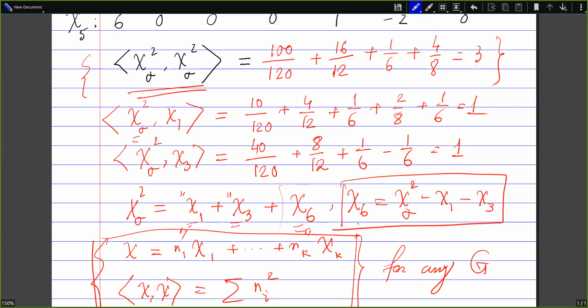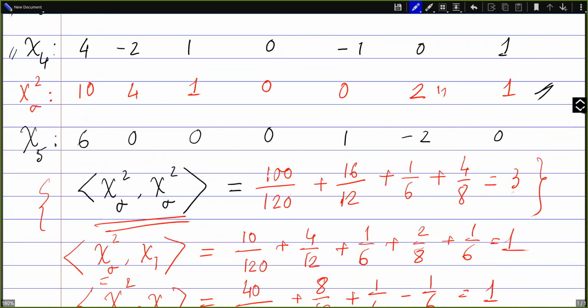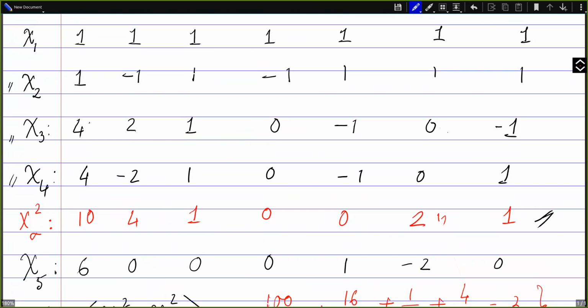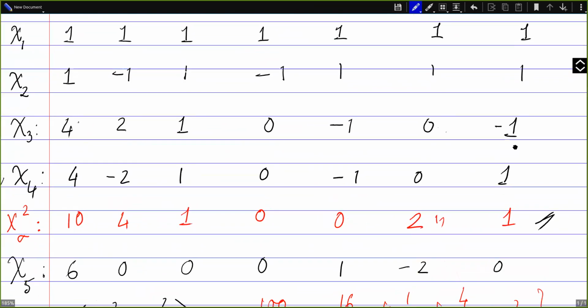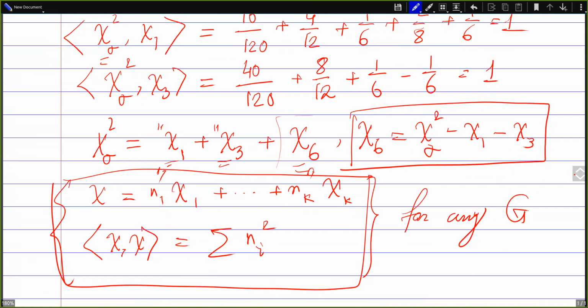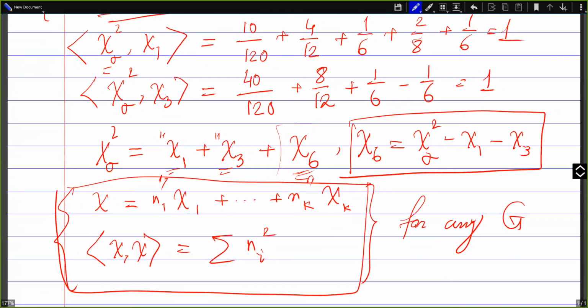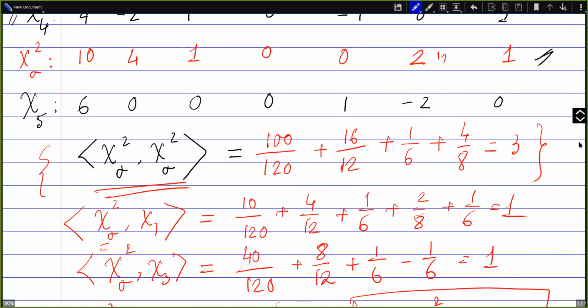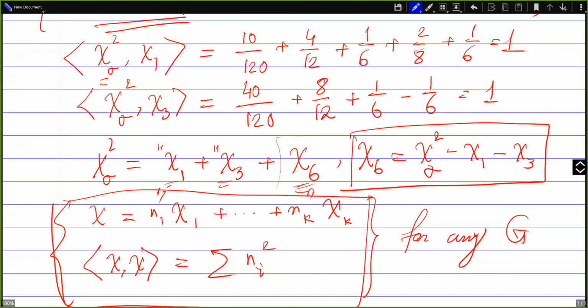This character is certainly different from what we have found earlier, because none of the characters that we have found had dimension 5. So as I said, though the character of the symmetric square is not irreducible, it indeed contains an irreducible character different from the ones we found earlier, which we denote by phi 6.